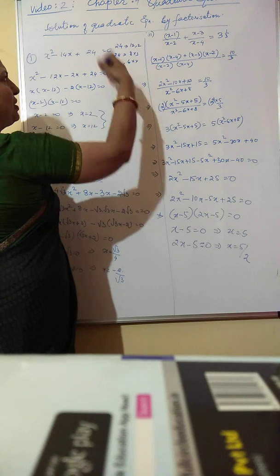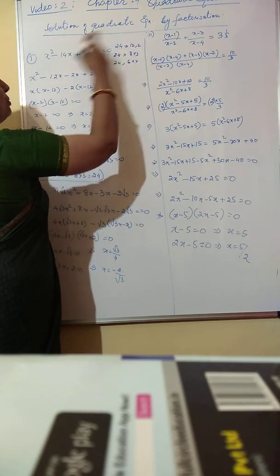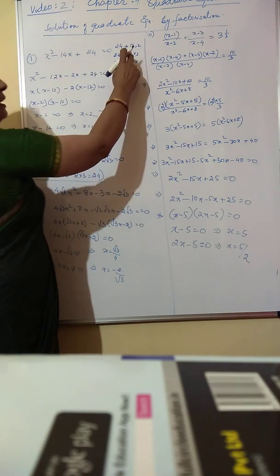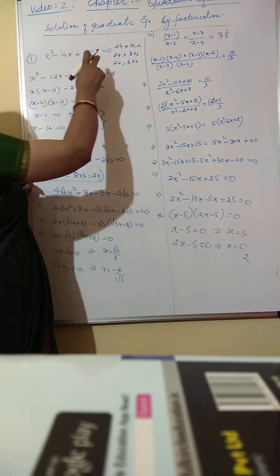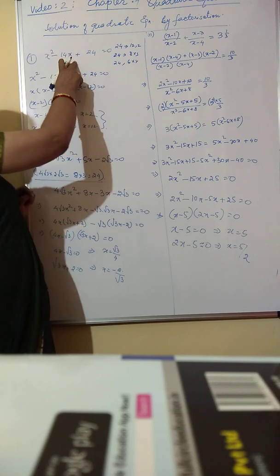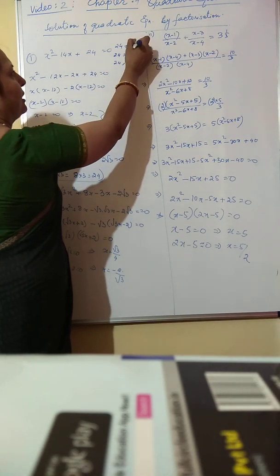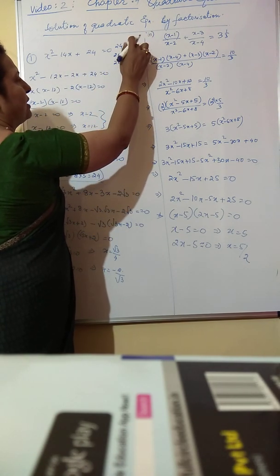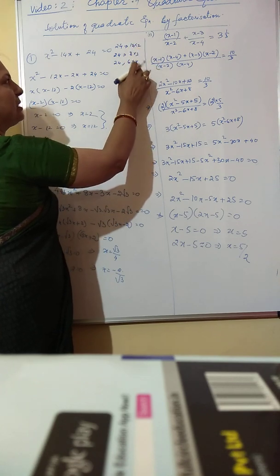Now you can quickly check that 12 plus 2 is 14. 8 plus 3 is 11, not equal to 14. 6 plus 4 is 10, not equal to 14. So the factors of 24 are 12 into 2, 8 into 3 and 6 into 4.